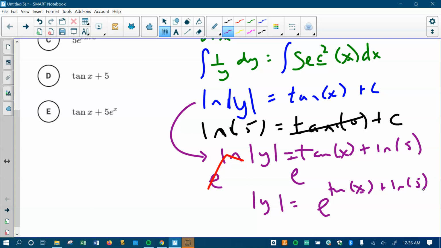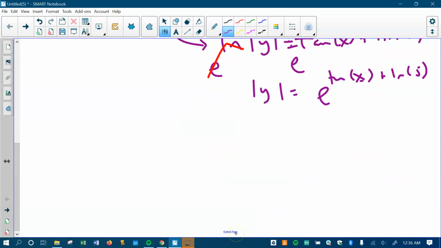I don't know if you're aware of this property. I know you are, actually. That means the absolute value of y is equal to e to the tan x times e to the ln of 5.